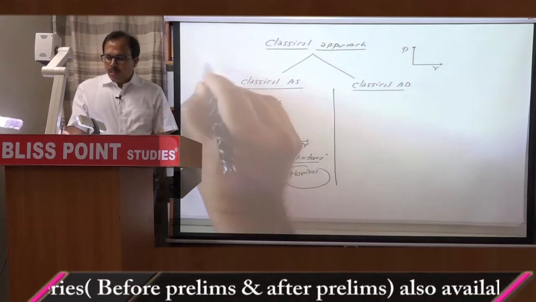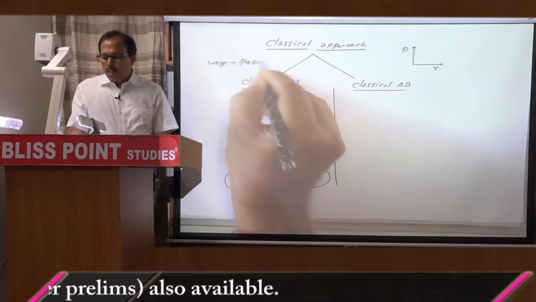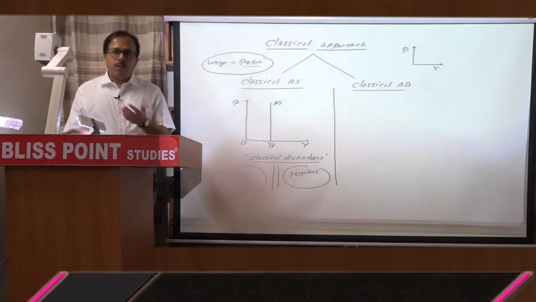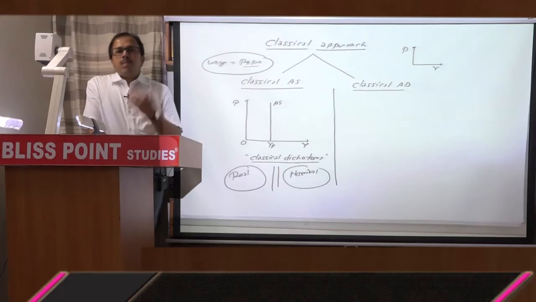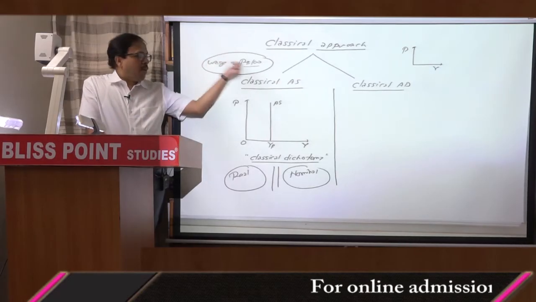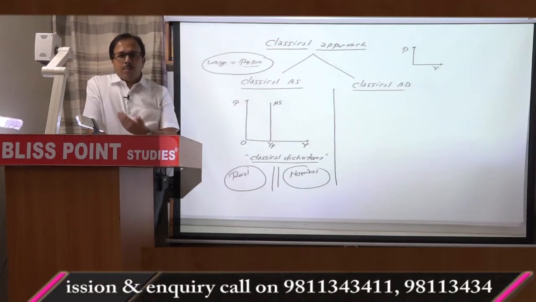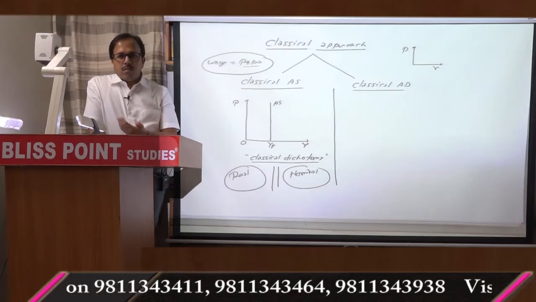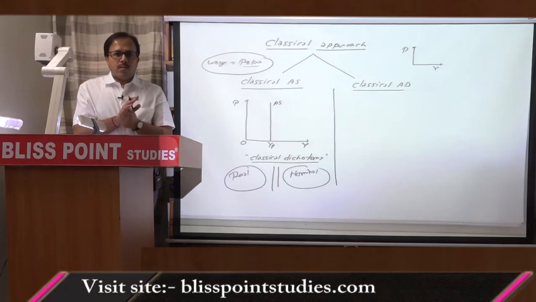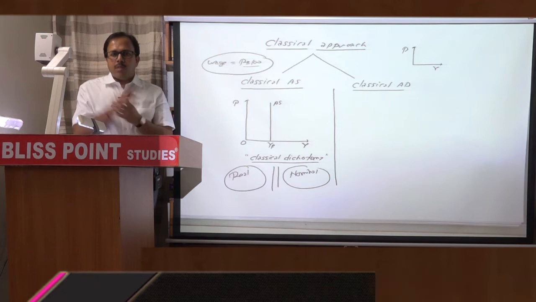You can understand it with a better example. Suppose a wage of 100 rupees is given to a worker. Now this 100 rupees will be a nominal wage. How many goods he can buy with that 100 rupees, that will be real. Now how many goods he can buy depends upon the price. So if the price index is 100, and you have 100 rupees, you can buy 1 unit.